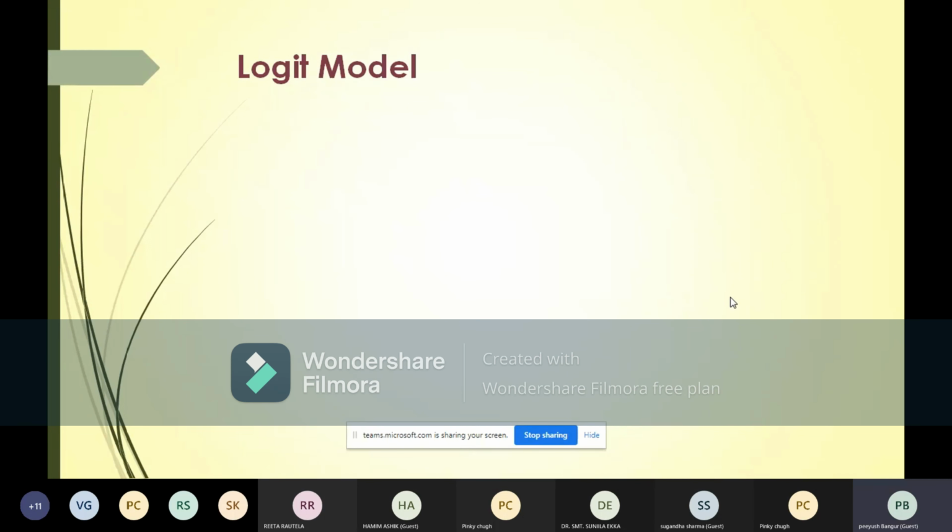When it comes to the dependent variable, you can use primary data, but for the independent variable you have to take secondary data. Otherwise this model will not give you the result which you expect. So let us start with the Logit model.